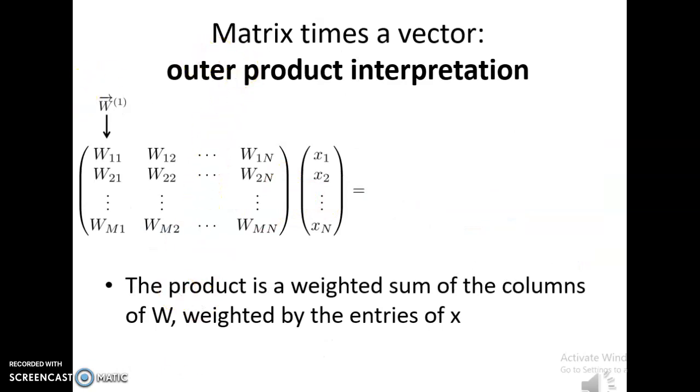Matrix times a vector. Outer product interpretation.